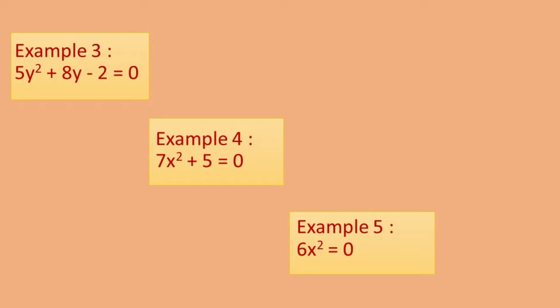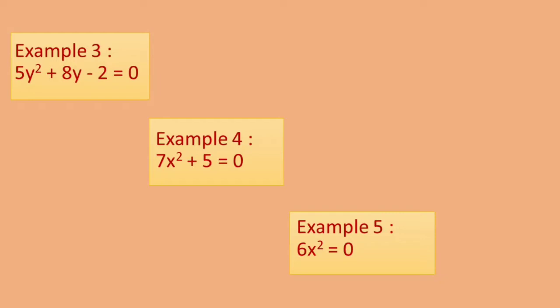We have the x squared term and plus 5. So in 7x squared, a equals 7. We do not have any x term, so b equals 0, and we have plus 5, that's why c equals 5. I hope that's pretty clear to you.